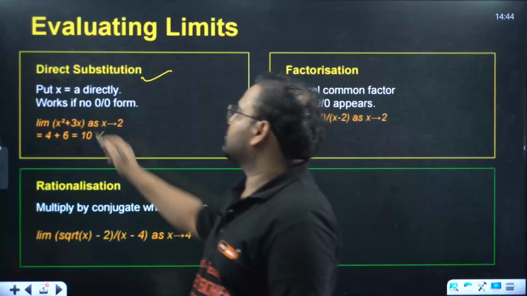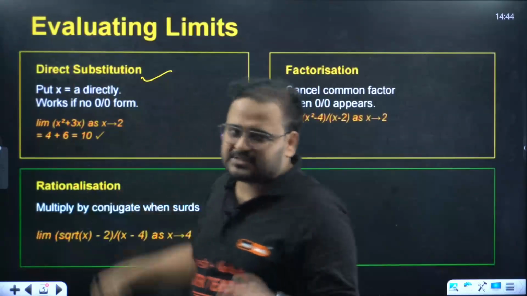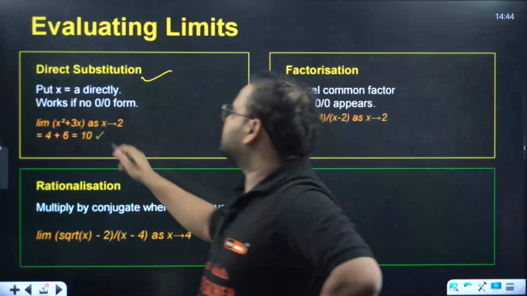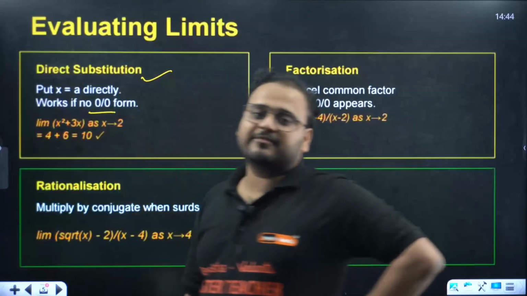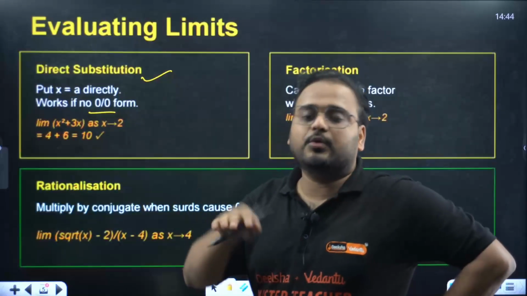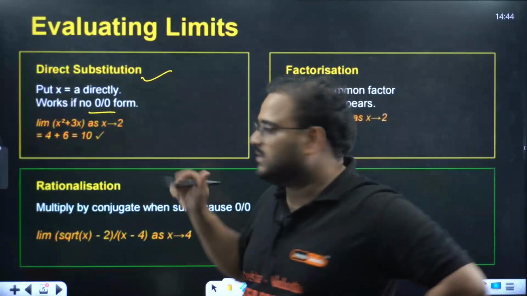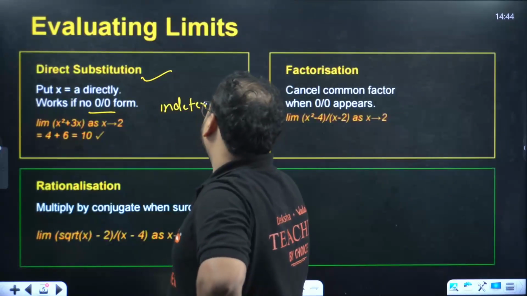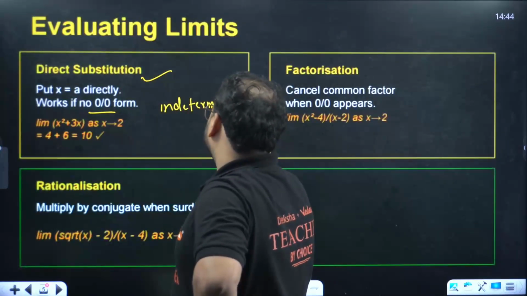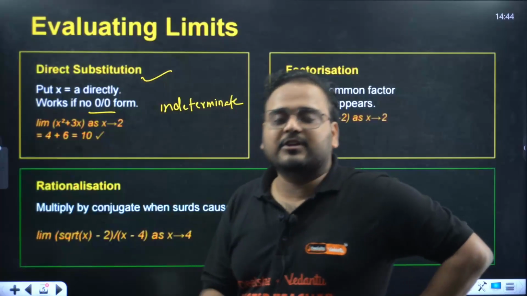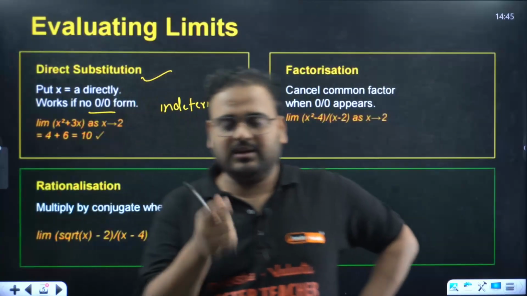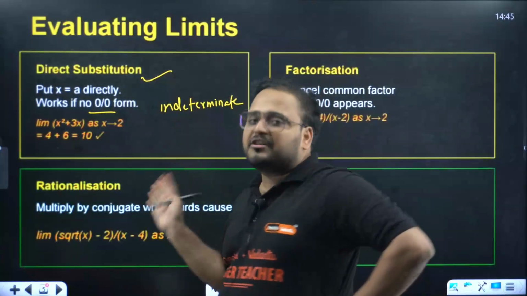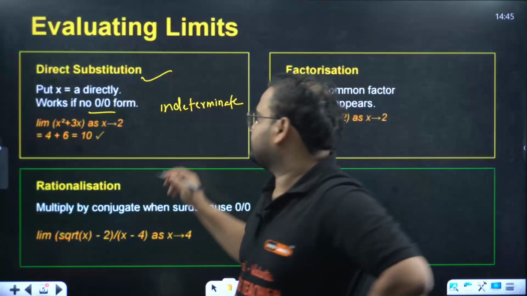We take x equals a, and this is the simplest form, by the way. This is the case where there is no indeterminate form, no 0 by 0 or any other indeterminate form. You will have many questions where, after substituting the limiting value, the function does not form an indeterminate condition.